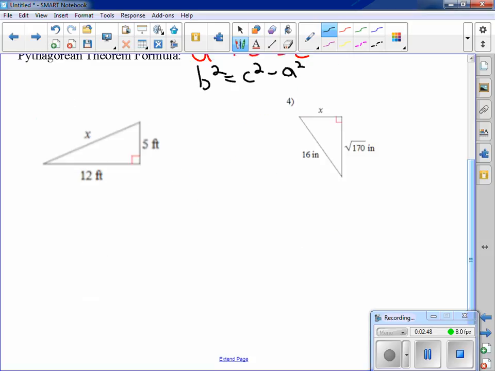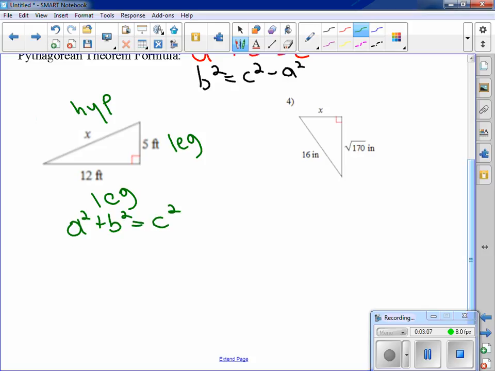We have the first one, we're given 5 and 12. So remember I said label, so we know what we're talking about. Our legs are 5 and 12. Our hypotenuse is x. So according to our formula, a squared plus b squared equals c squared, 5 squared plus 12 squared is equal to c squared.